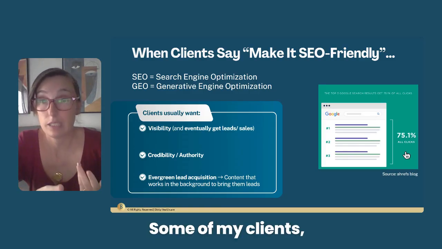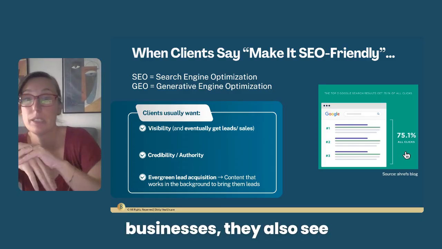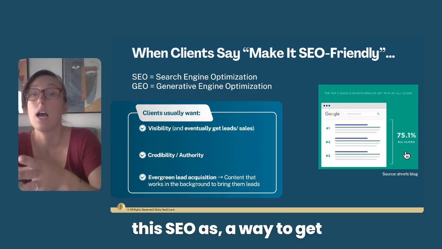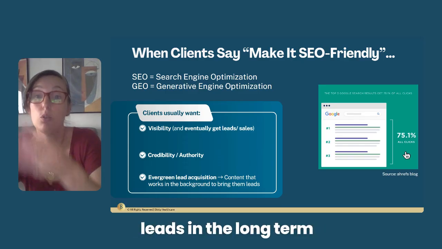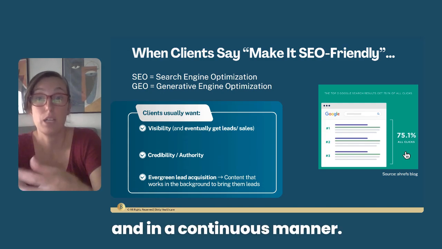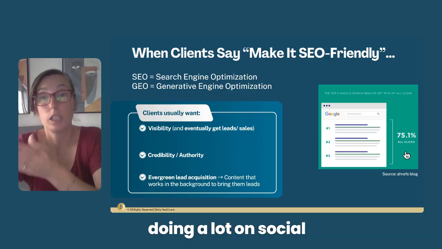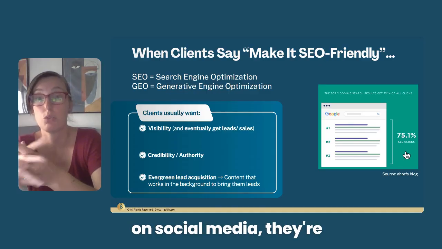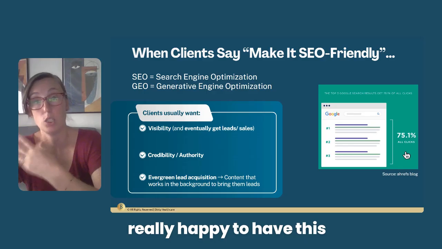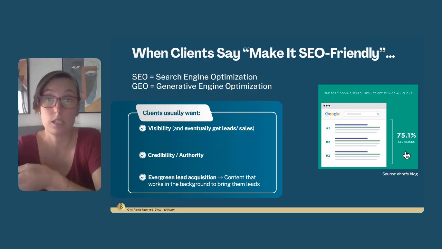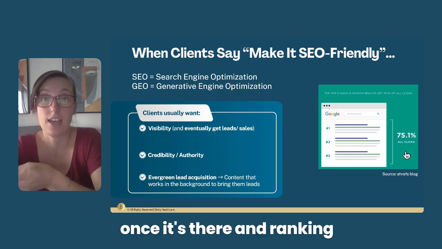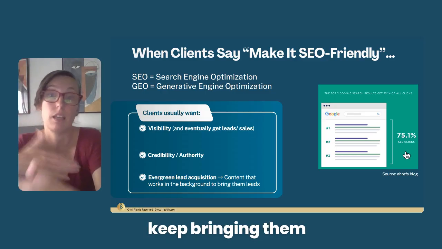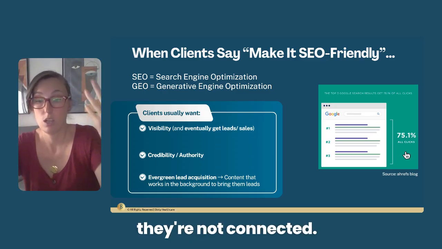Some of my clients, especially if they're smaller businesses, also see SEO as a way to get leads in the long term and in a continuous manner. So if they're not really doing a lot on social media, or if they think that they completely rely on social media, they're really happy to have this additional channel so that content, once it's there and ranking and performing, can keep working in the background and can keep bringing them leads even if they're not connected.